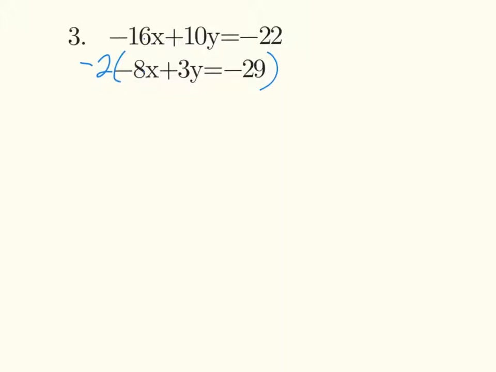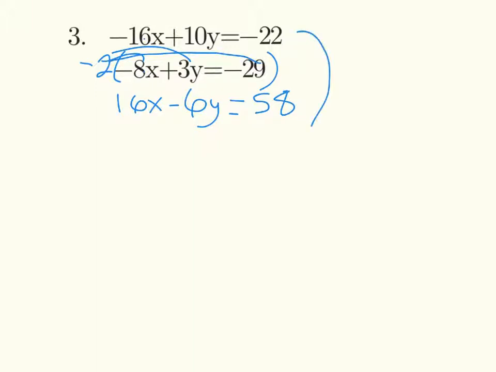So I do that here. I get positive 16x here, negative 6y, because I'm distributing here, and then equals positive 58. I'm just going to rewrite the top equation down here.